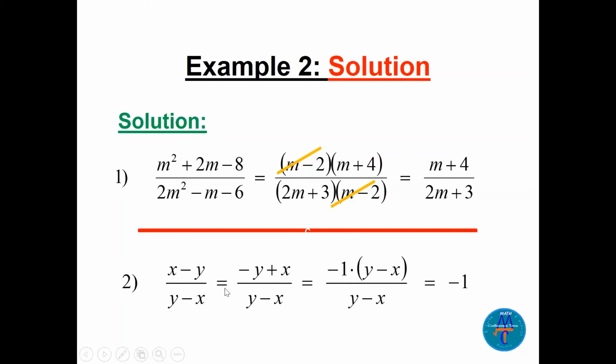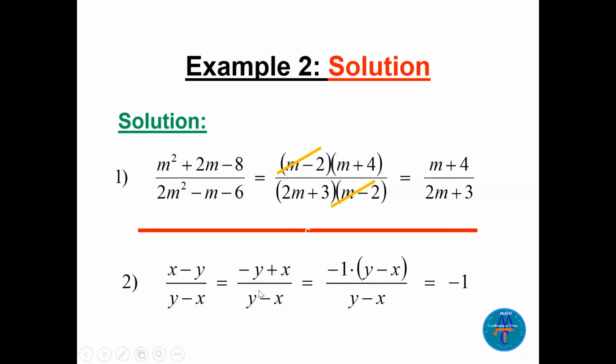Now, this one is a little tricky. x minus y divided by y minus x. Many times you can see this in many exams, many books, examples. When you see a minus between the numbers, like a minus b, b minus a, x minus y, y minus x, m minus n, n minus m, leave the denominator.